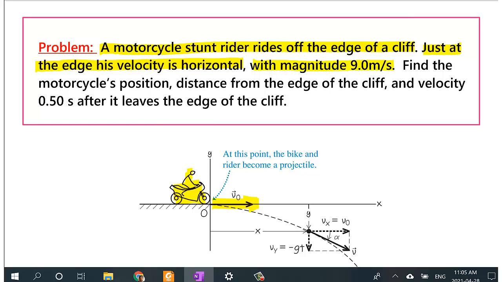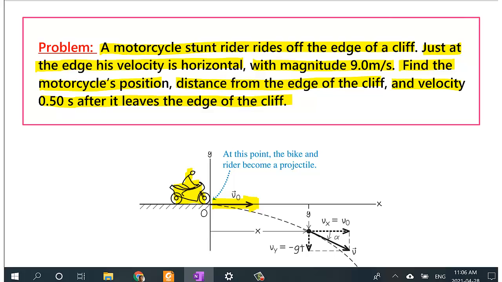So its speed is given, 9 meters per second. Find the motorcycle's position, distance from the edge of the cliff, and the velocity 0.5 seconds after it leaves the edge of the cliff. So we have to find the motorcycle's position, that is the x coordinate and the y coordinate, the position vector.